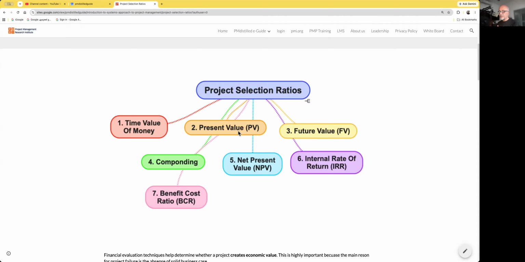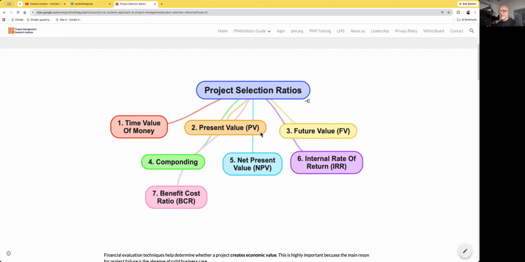I am investing it today, and the future value is something I'm going to get from the project in the future. So by and large, the sum of the future value or the net cash flows from the project in the future must be higher than the initial investment. Otherwise, the project doesn't have a business case.